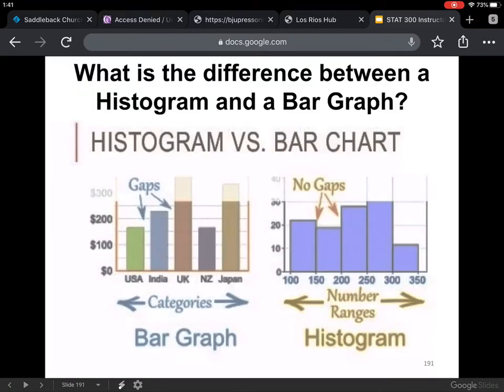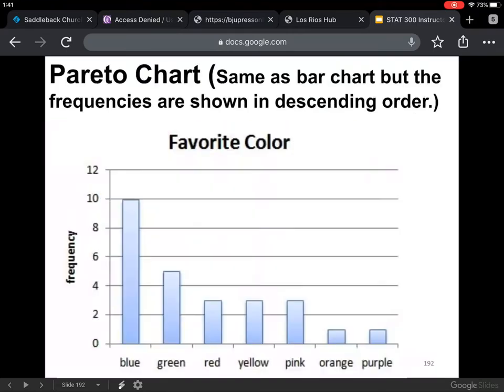There's another slight difference, and that is that instead of having categorical values, you have numerical. We also have no gaps in a histogram, whereas a bar chart does have gaps right there. Okay, because they're separate categories. One is not the boundary for the other.